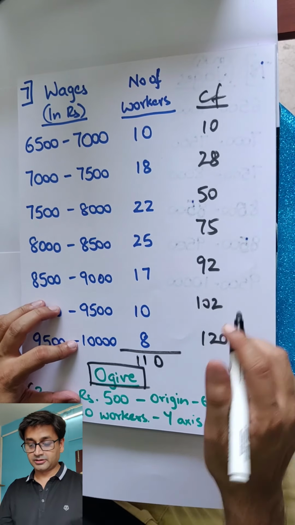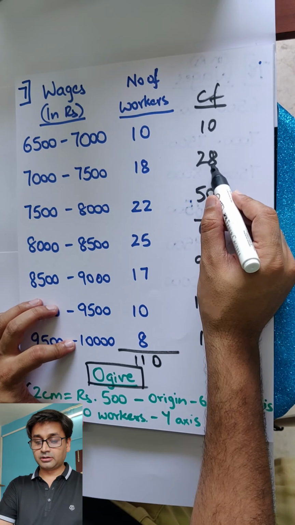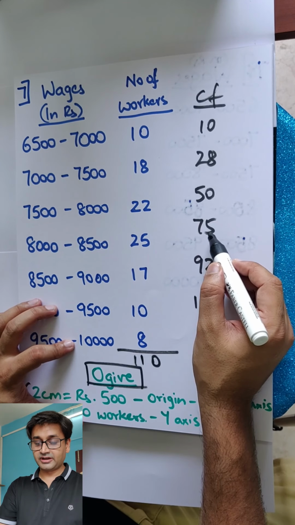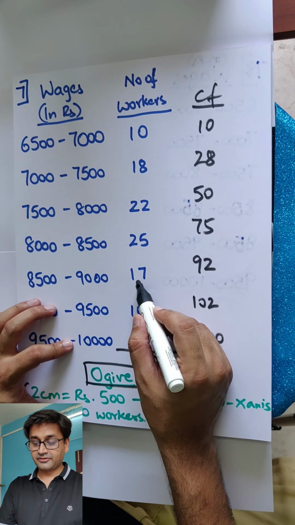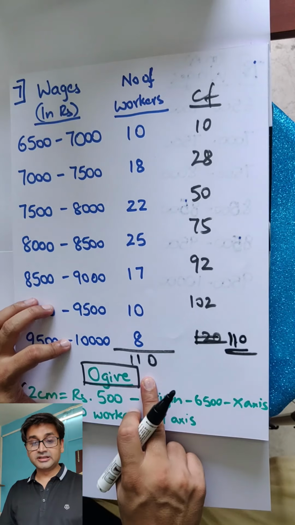Why did I get 120 here then? So 10 plus 18 is 28, 30, 40, 50, 60, 75, 85, 92, 92 plus 10 is 102, plus 8 should be 110. See, this thing really saves us.